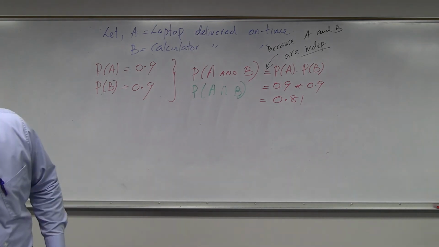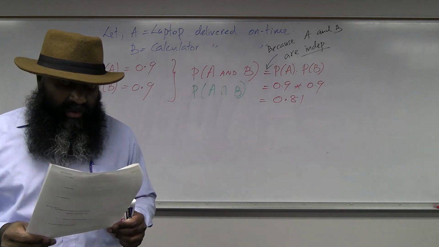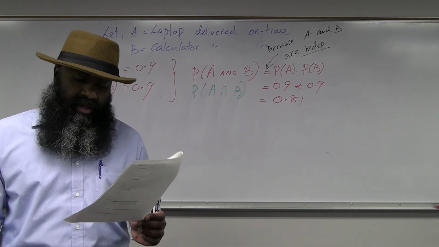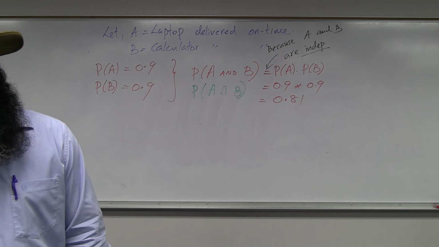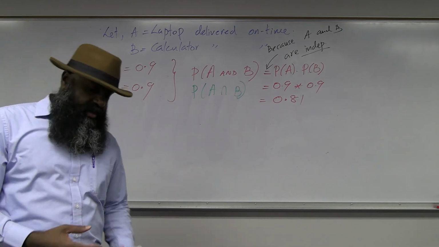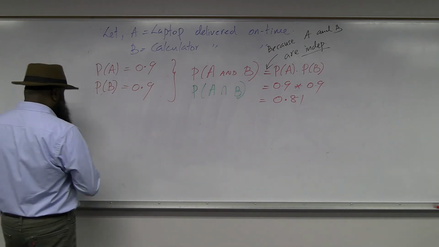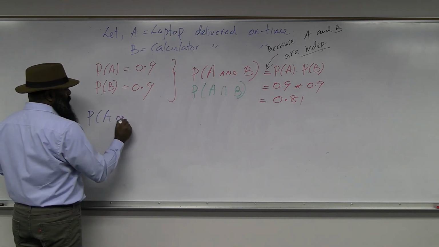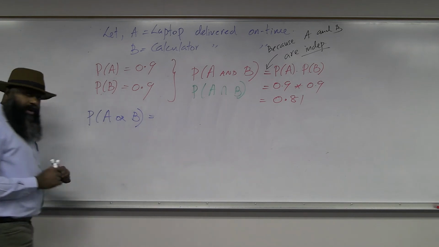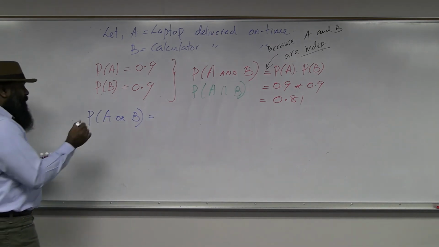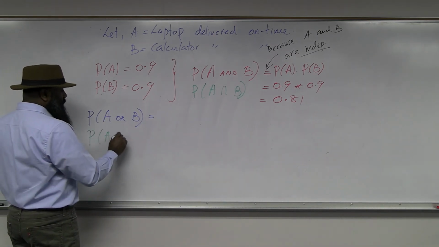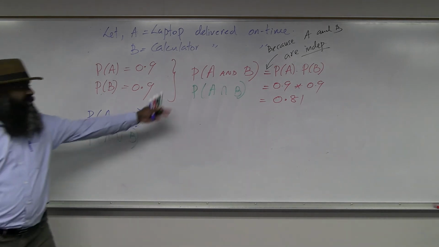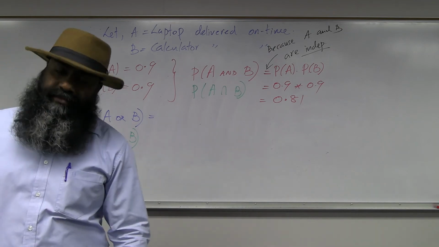And as the next part of the question, what's the probability that at least one of them, that means laptop or calculator, will be delivered on time? Once again, we have the keyword or. That means I need to find the probability of A or B, or in other words, the probability of A union B. So you can use whichever format you are comfortable with.